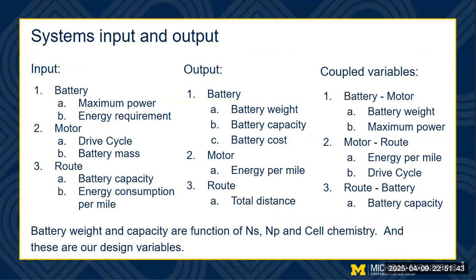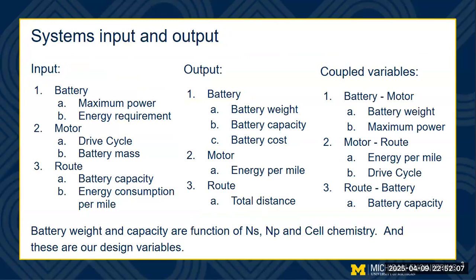Our inputs for battery are max power and energy, motor is drive cycle and battery mass, and trip is battery capacity and energy consumption per mile. Our outputs for battery are weight, capacity, and cost, motor, energy per mile, and trip is total distance.